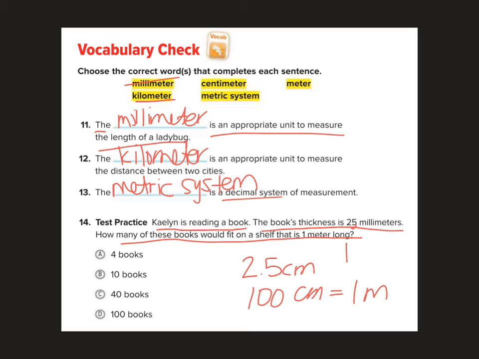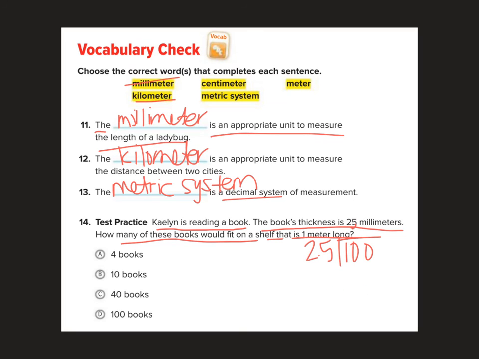So if I take 100 and divide it into 2.5 lengths, I have to move the decimal point once. Move the decimal point once. 25 goes into 100 4 times, minus 100. Bring down the 0. My decimal's here now. 40. 40 books would fit in there.